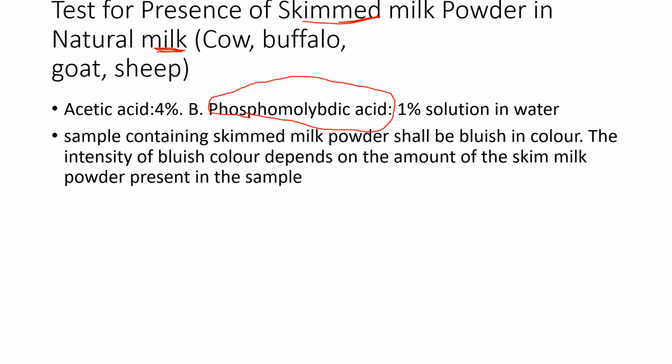It is used in the detection of glucose, right? And also acetic acid. These two reagents are added to the milk, and this gives a bluish color depending upon the amount of skimmed milk powder added. If it is a small amount, it will give a light bluish color. If there is more, it will give a dark blue color. So just remember, note it down.